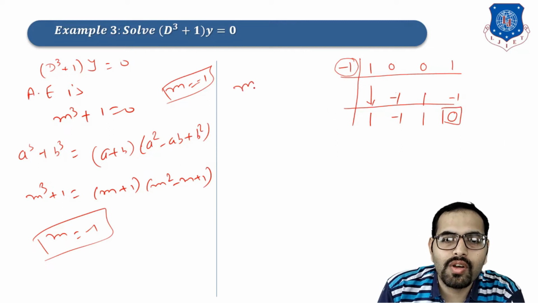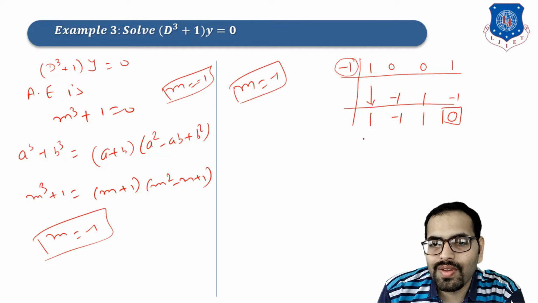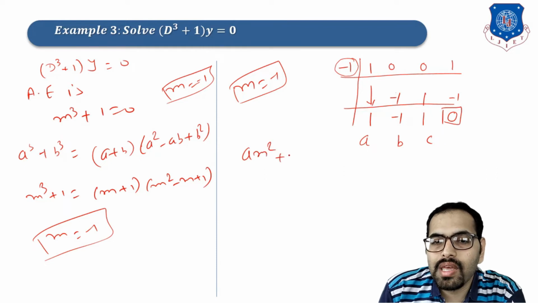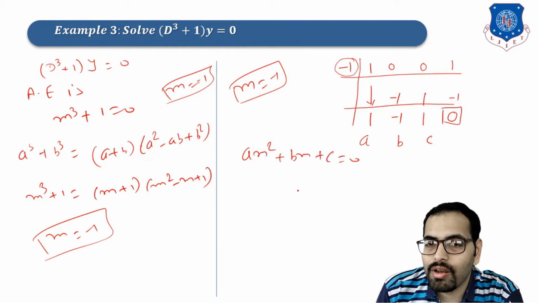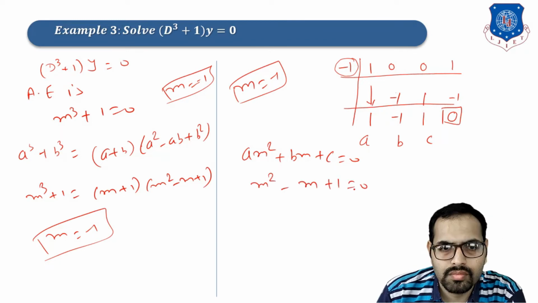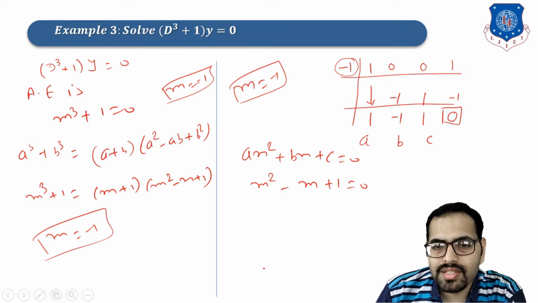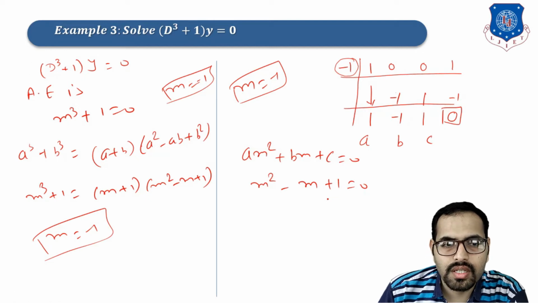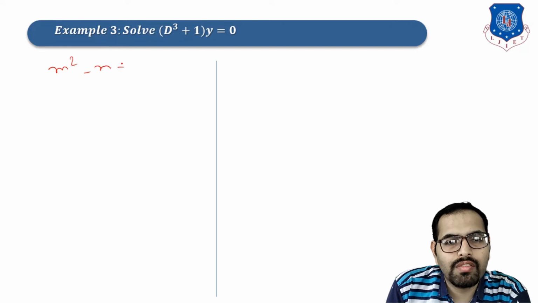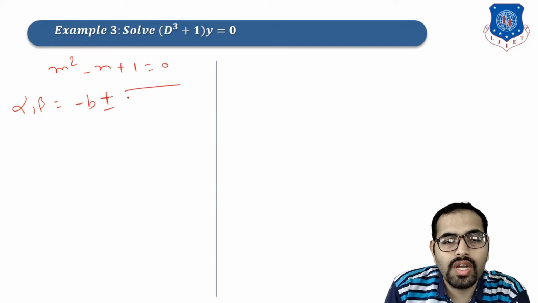Then we have m equal to minus 1 as one factor, and these are the values of a, b and c in the equation am square plus bm plus c equal to 0: m square minus m plus 1 equal to 0. Let's factorize this term with the help of Sridharacharya formula: alpha, beta equal to (minus b plus or minus root delta) upon 2a, where delta equals b square minus 4ac.